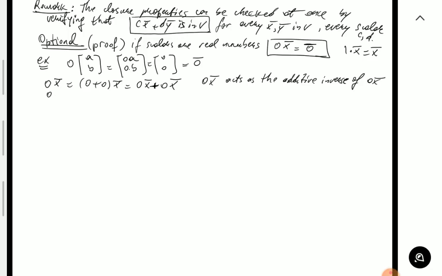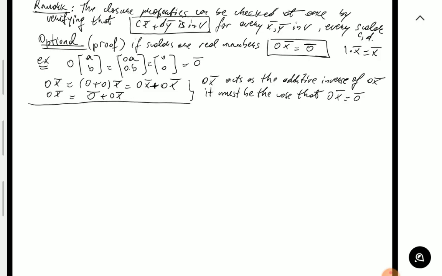On the other hand, 0x has to be equal to 0 bar plus 0x. So from these two conclusions, it must be the case that 0x bar has to be the 0 vector. But again, this is optional. I'm just saying that you can assume from this point on that this holds.